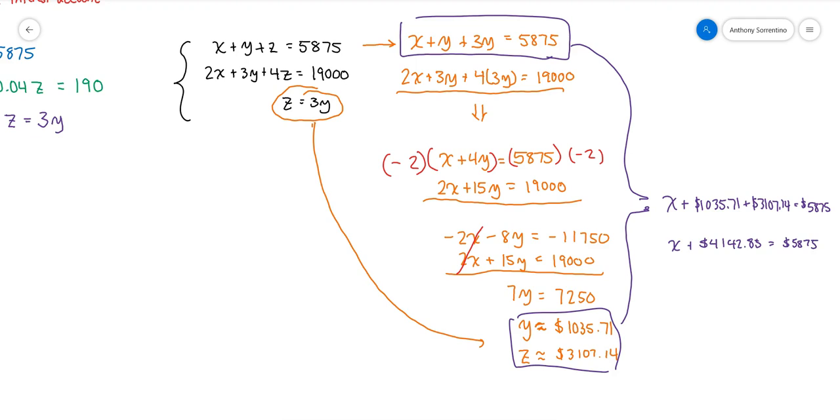Subtracting $4,142.85 from both sides, I get that x is approximately equal to $1,681.15. And so my final statement to answer the question based off of this information would be this.